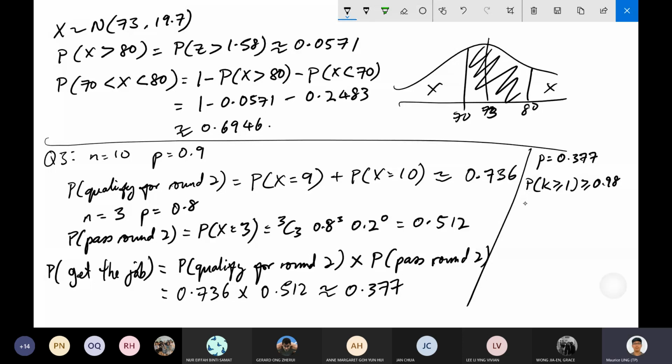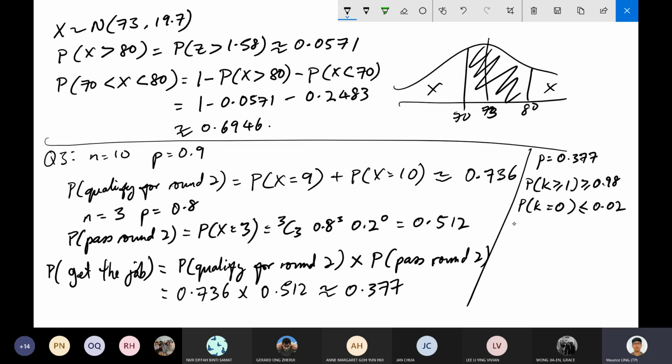Okay. So if it is less than or equal to, just put equals to 0, it is actually less than 0.02.